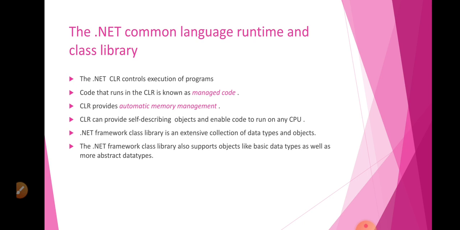That is, it frees the programmers from the task of managing their own memory allocation and deallocation. The programmer doesn't need to bother about memory allocation and deallocation. The CLR will automatically manage the memory.